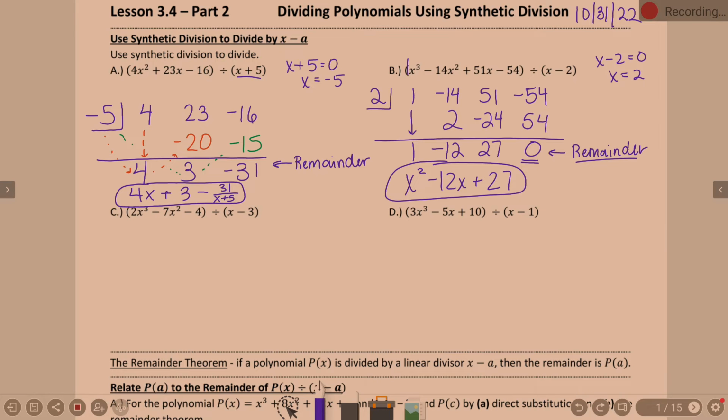So you get 2 times 1, and then the answer, negative 14 plus 2, you do 2 times that, then you answer that, then you do 2 times the answer to that. Yes. Okay.